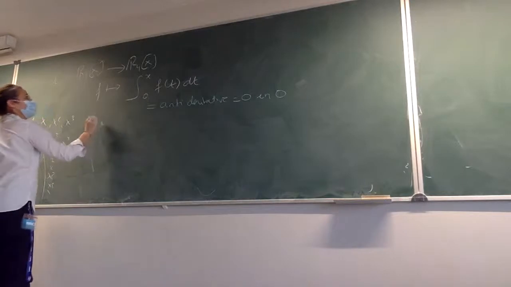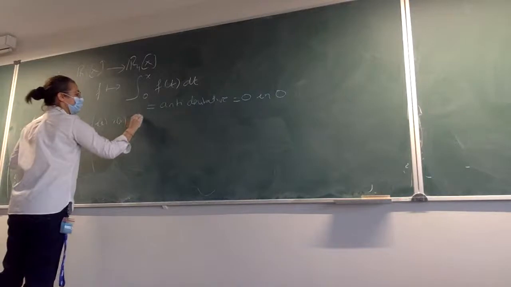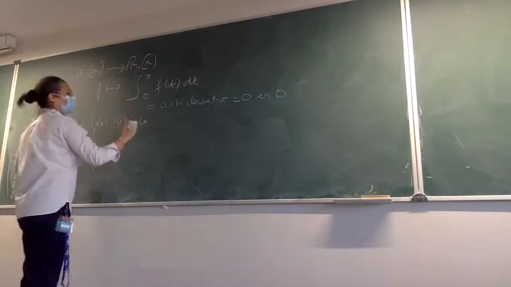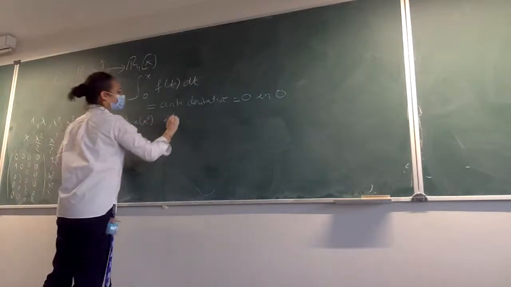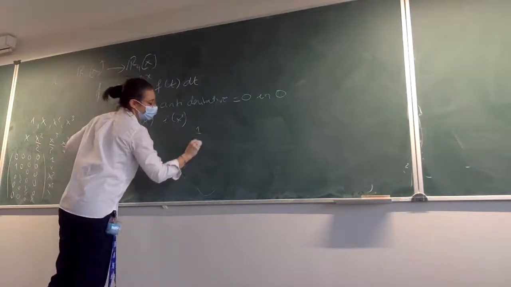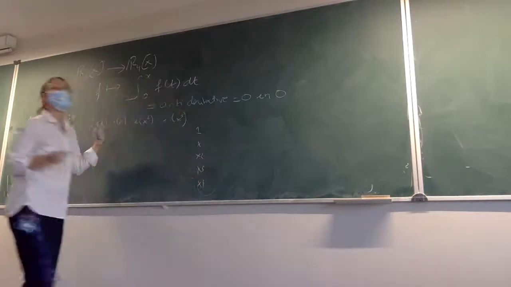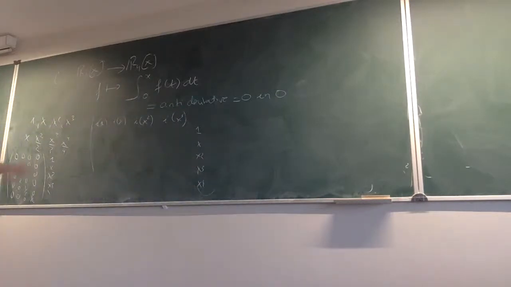So I want the image of 1, of X, of X2, and of X3. That's going to be expressed in the basis 1, X, X2, X3, and X4, because I need degree 4.